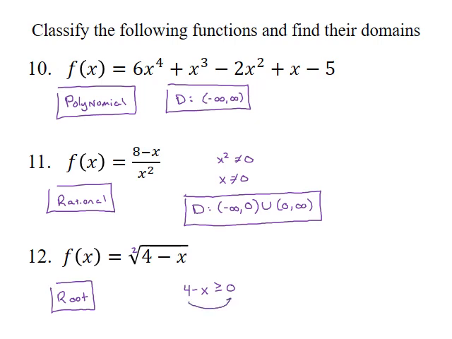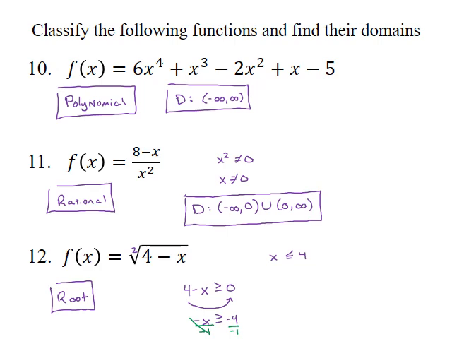So if I move the 4 over to the right-hand side, that would be negative x is greater than or equal to negative 4. And then if you divide both sides by negative 1, remember back in our rules, if you divide by a negative in an inequality, you have to flip over the inequality, and we can say that x is less than or equal to 4.